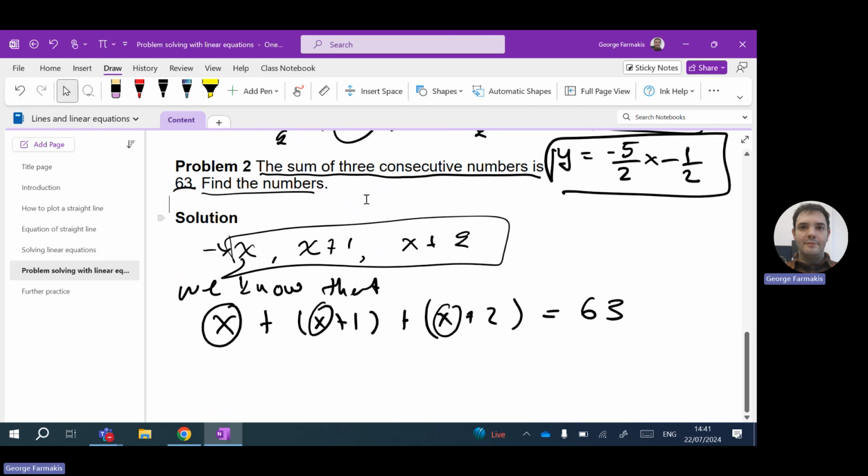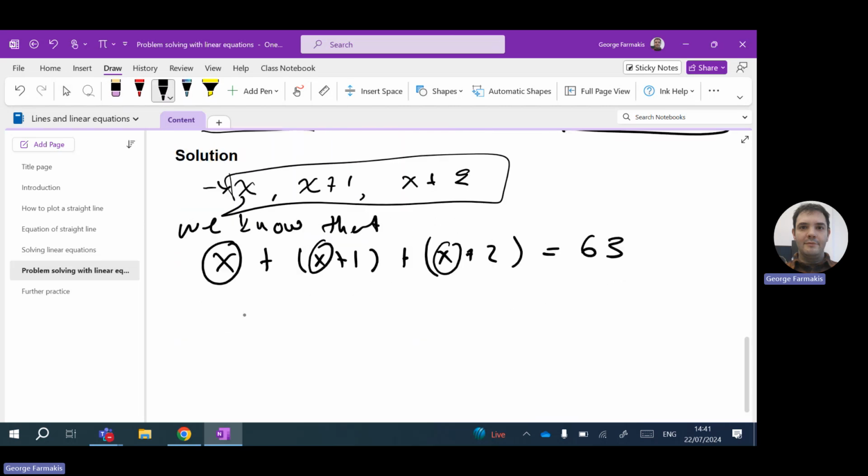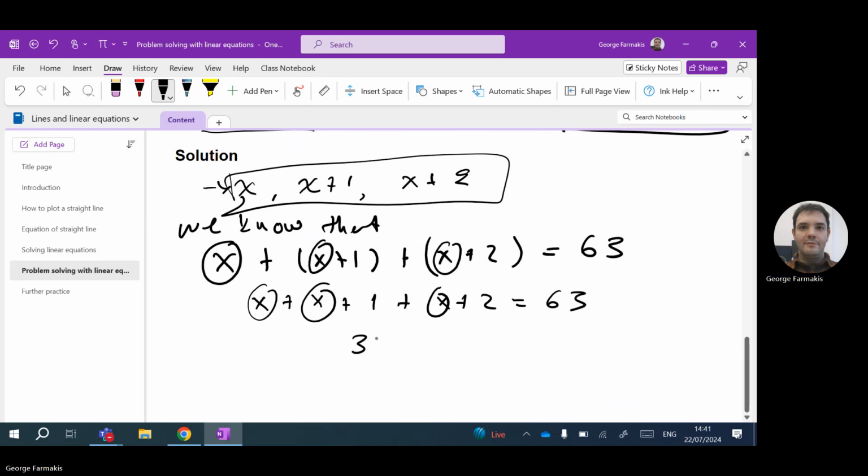How we solve a linear equation? We collect same terms. x plus x plus 1 plus x plus 2 equals 63. How many x do I have? 1, 2, 3. 1 plus 2, so 3x plus 3 equals 63.